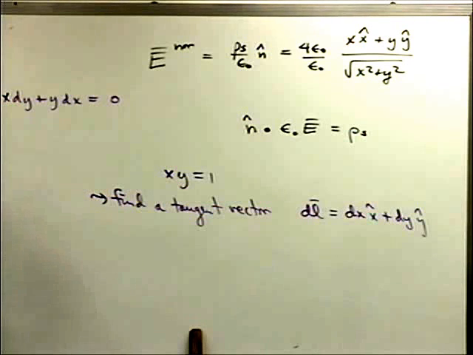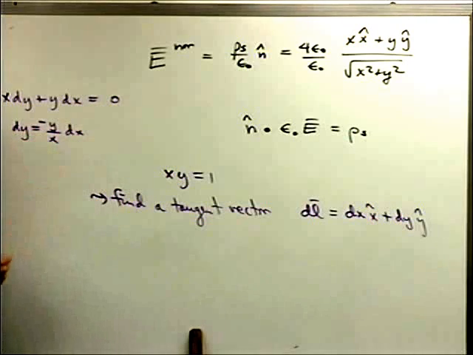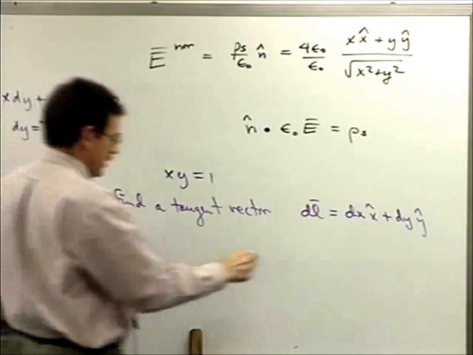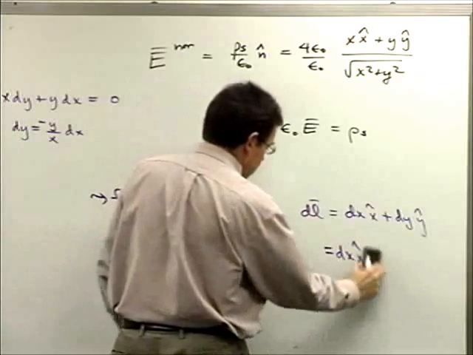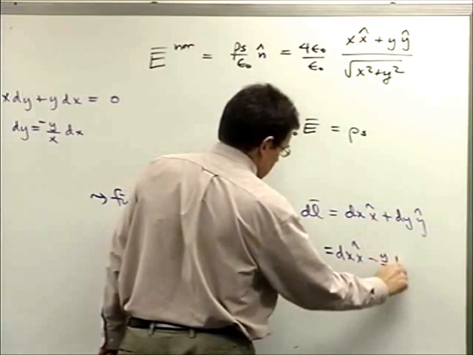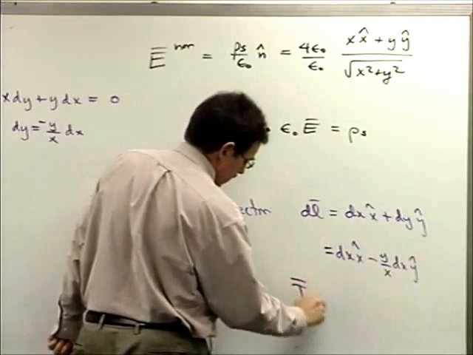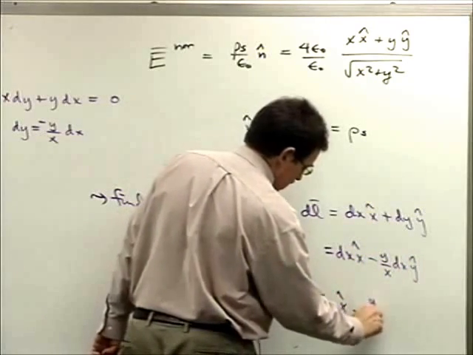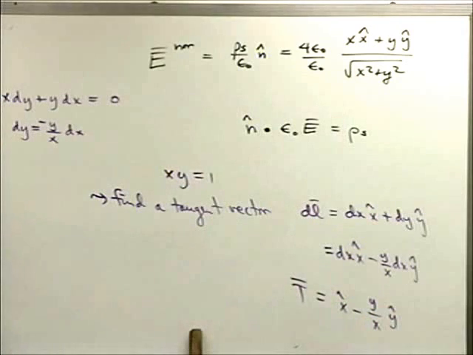So that says that dy is going to be minus y over x dx. Okay, so we substitute that in for the dy in here. So this becomes dx x hat minus y over x dx y hat. So that says if we change the length of this, there's some tangent vector. If I just drop the dx here, that's given by x hat minus y over x y hat. Okay. Now that's a vector.